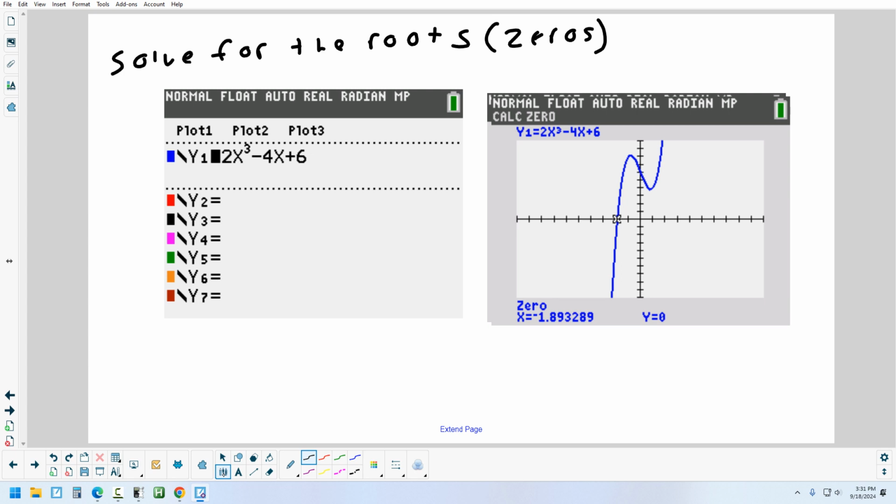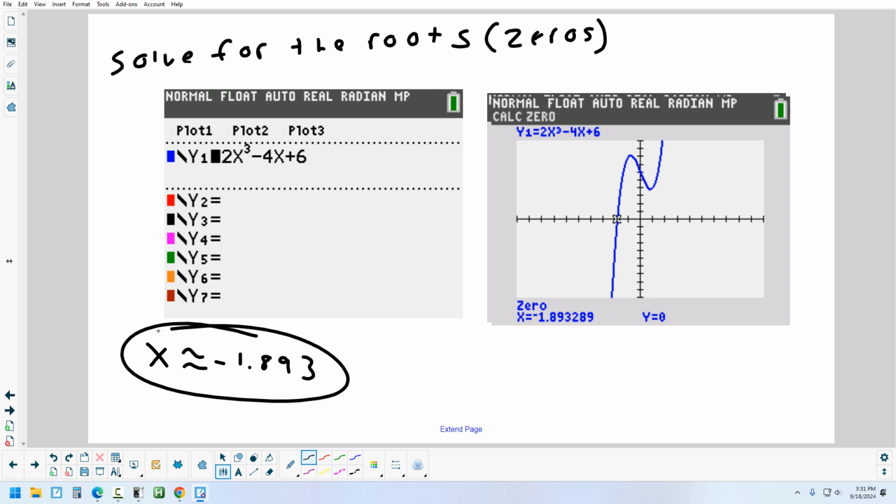So the only real 0 for this problem is approximately negative 1.893. Okay, that's the root. If they asked for the x-intercept, depending on how they phrase it, some books let you just write that number.